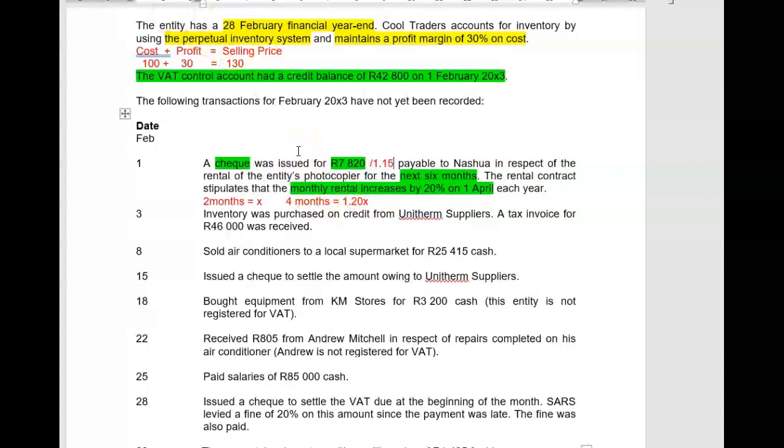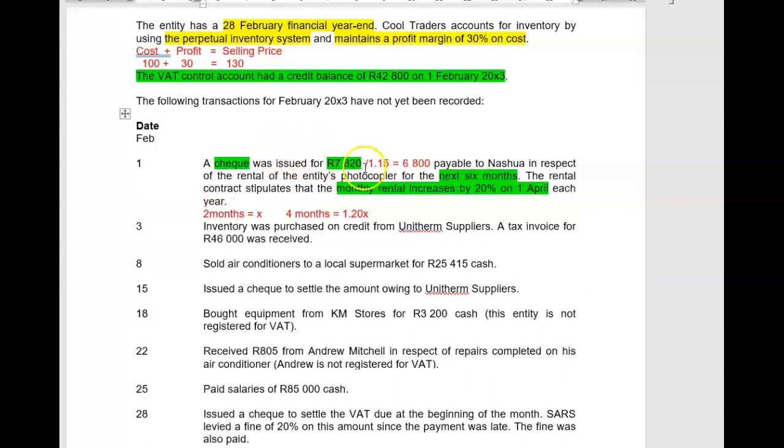Now in accounting, before you start making any computations, you get rid of the VAT. So if we get rid of the VAT, our VAT exclusive amount equals 6,800 Rand, being 6 months payment. Included in that 6 months payment is 2 months at the normal rent and 4 months at the escalated rental of 1.2X.